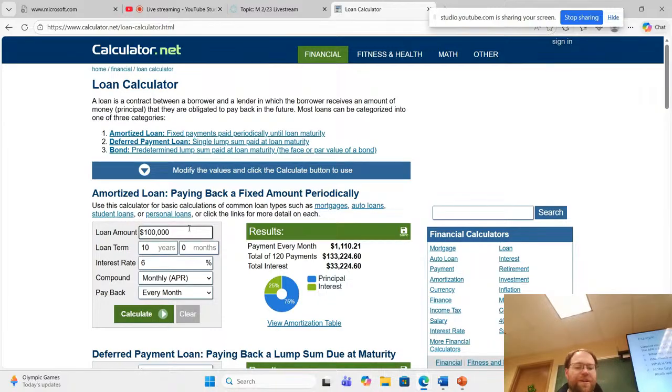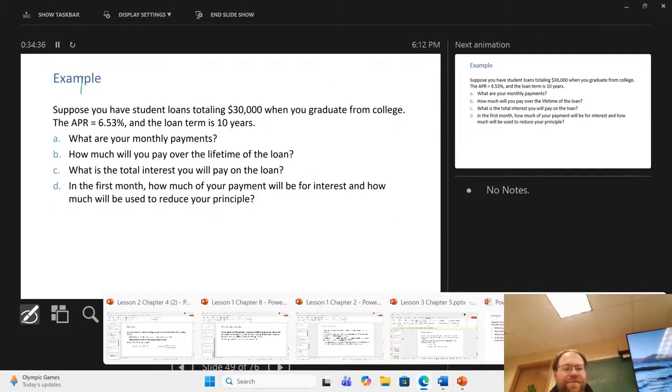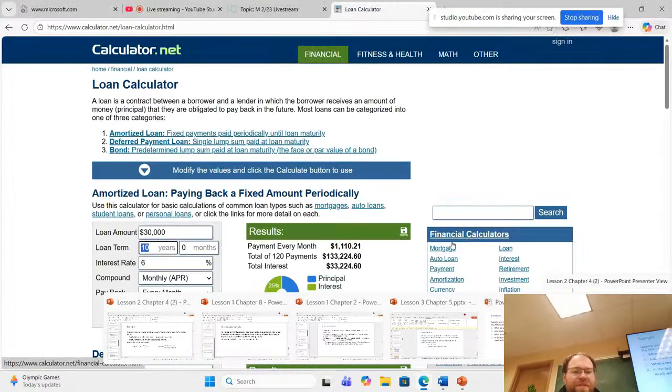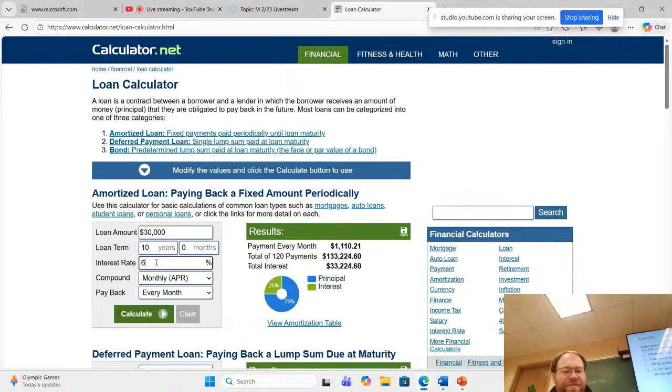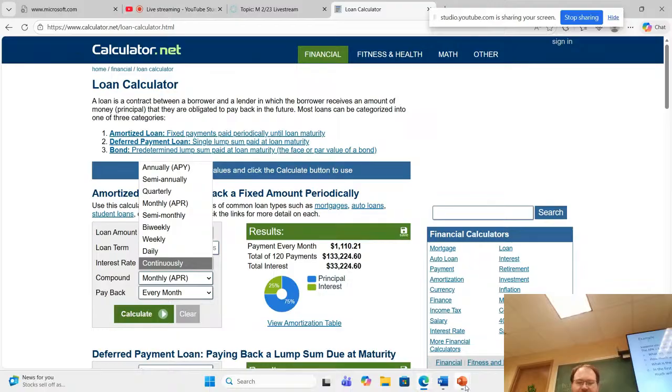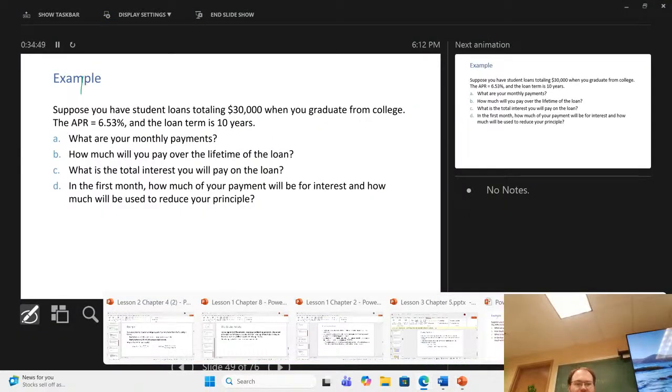Okay, the loan amount was for $30,000. What other information did we have? APR is 6.53% and the loan term is 10 years. Compounded, we'll say annually.